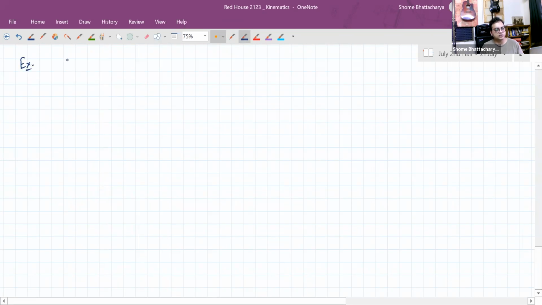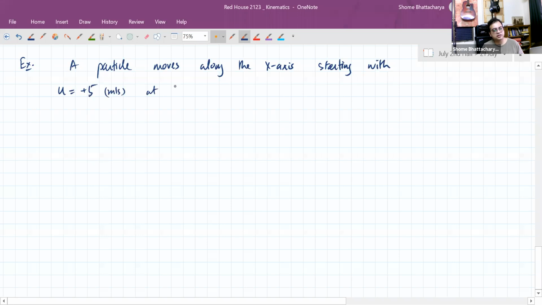So for example, suppose we have a particle that moves along the x-axis, starting with an initial velocity of plus 5 meters per second at t equal to 0 from the position x naught equal to, let's say, plus 1 meter, and has a variable acceleration.